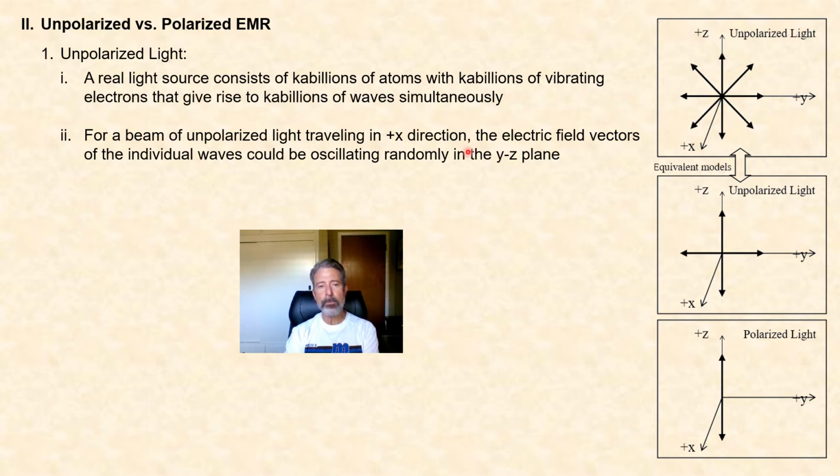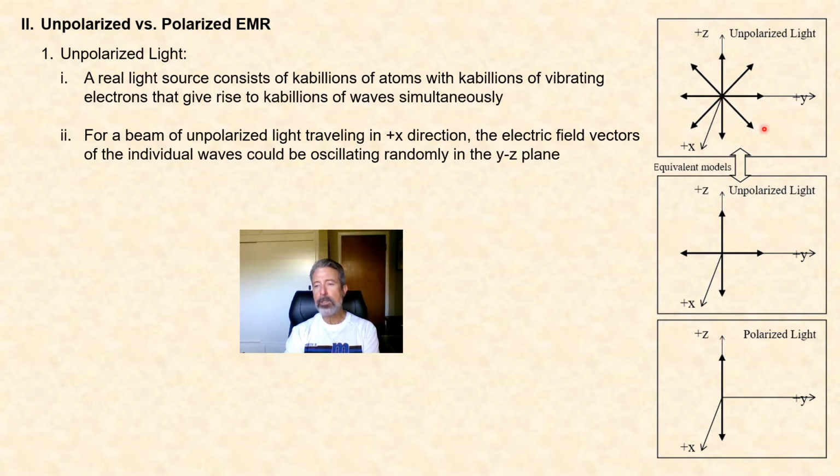So for a beam of unpolarized light that is propagating in the plus x direction here, the electric field vectors of the individual waves could be oscillating randomly in the YZ plane. I'm showing you 4 electric field vectors here in the YZ plane, so this would represent 4 atoms of light.